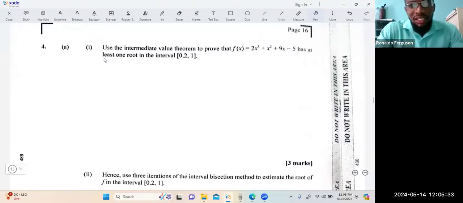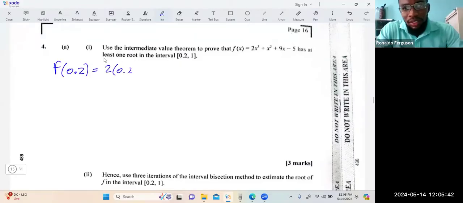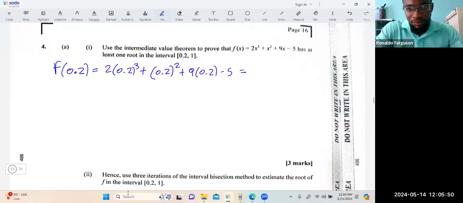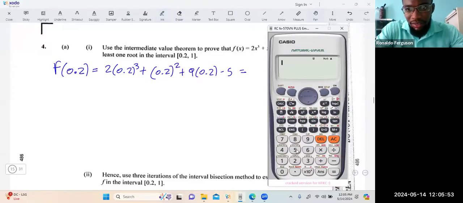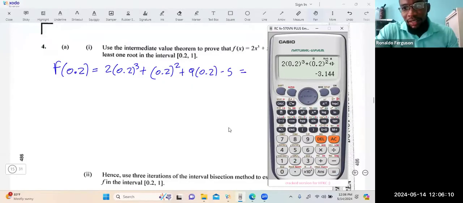So first put in f of 0.2: 2 times 0.2 cubed plus 0.2 squared plus 9 times 0.2 minus 5, which equals negative 3.144.